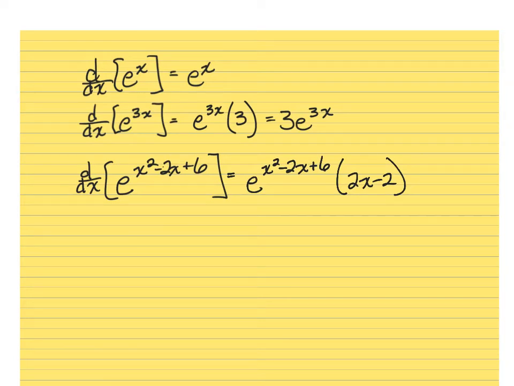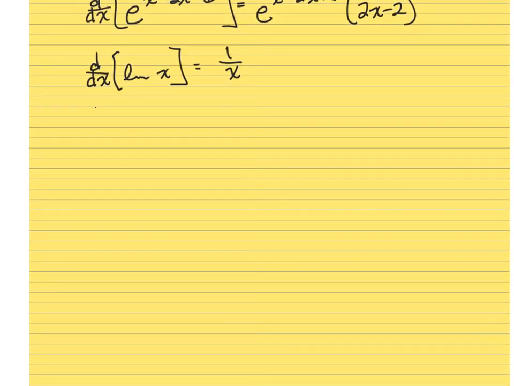Now let's go to the inverse of the exponential functions, and these are the natural log functions. The natural log of x, if we want to take the derivative of that, remember this is log base e, but the derivative of that is just 1 over x.